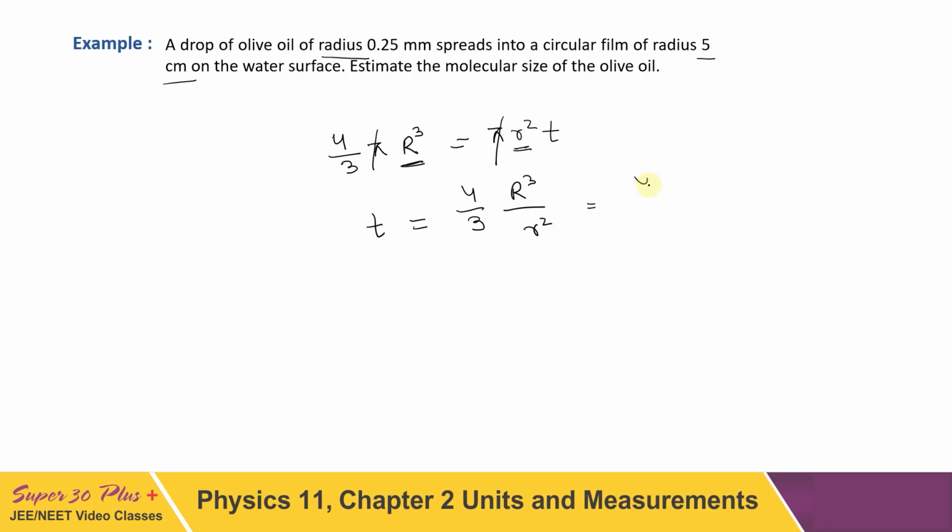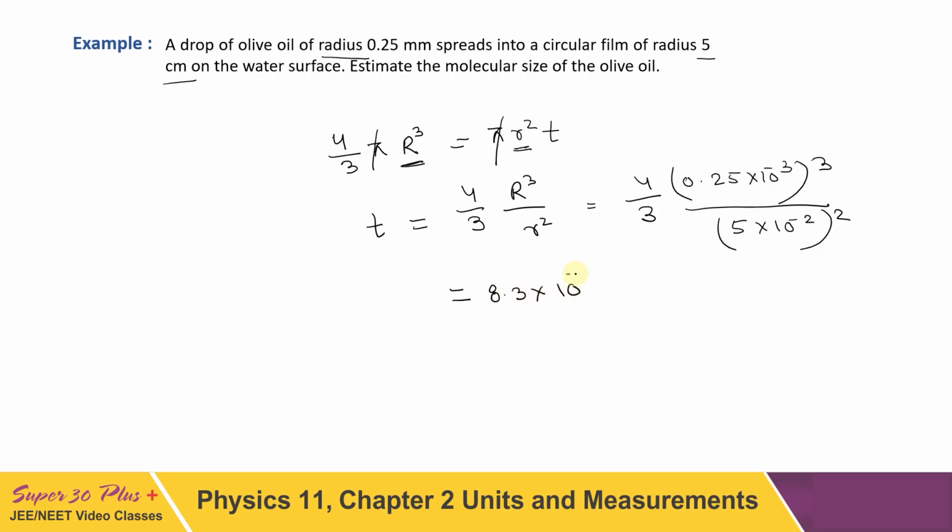On substituting the values, this one is 0.25 mm, 10 to the power minus 3, and then cube of this, upon 5 centimeter, 5 into 10 to the power minus 2, and square of this. On solving, the answer will come out as 8.3 into 10 to the power minus 9 meter. I hope you got all the concepts clearly.